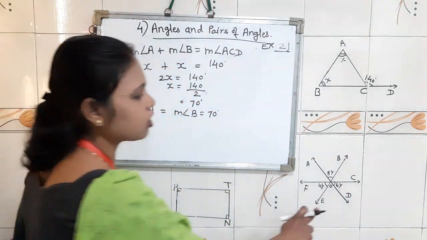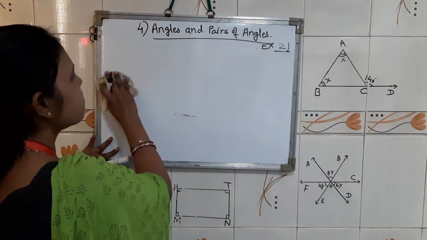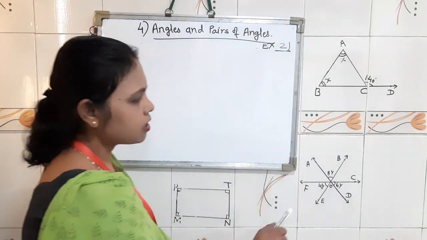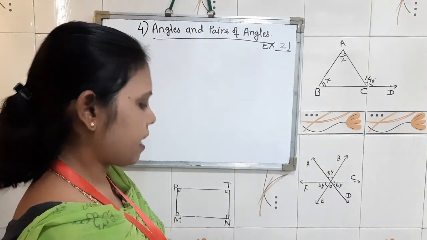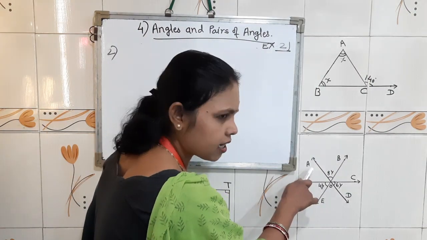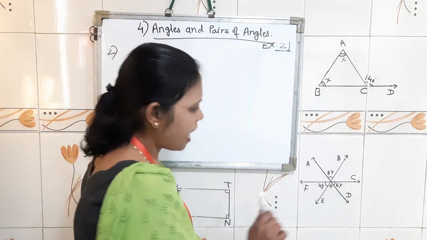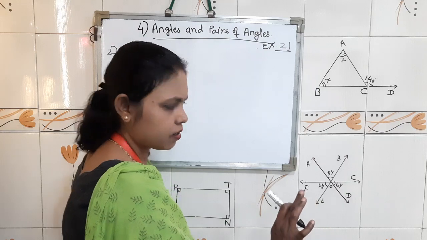Here, we have drawn the diagram. So, children, in that diagram, some measurements are given. Question number 2. In this diagram, as we are seeing, angle AOB is 8Y. Angle AOF is not given.